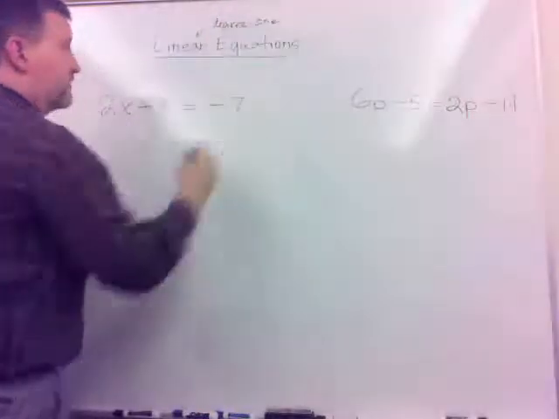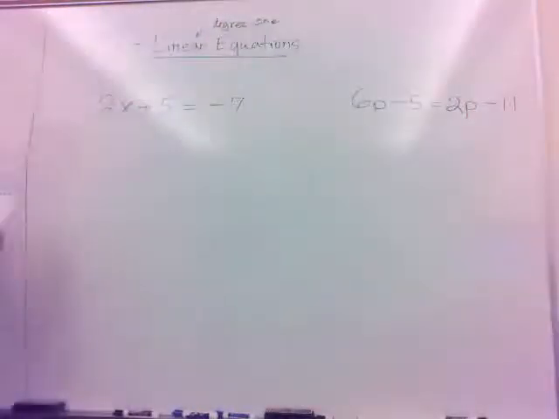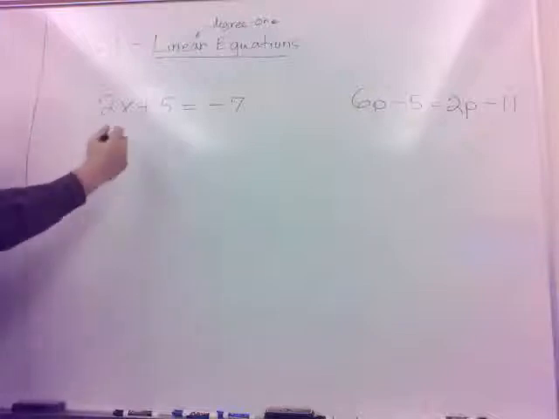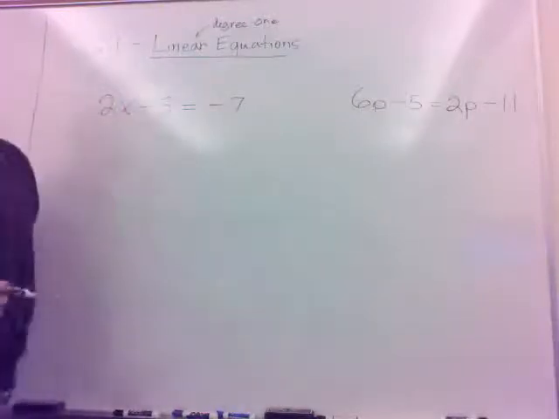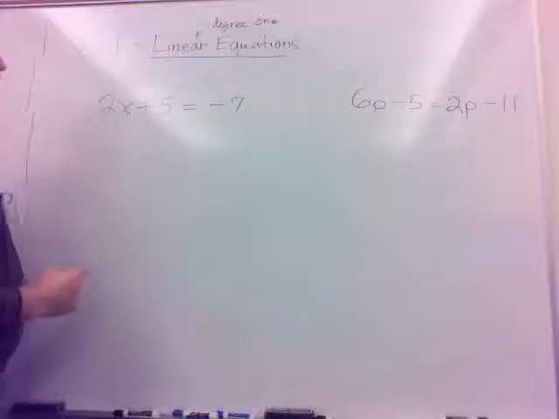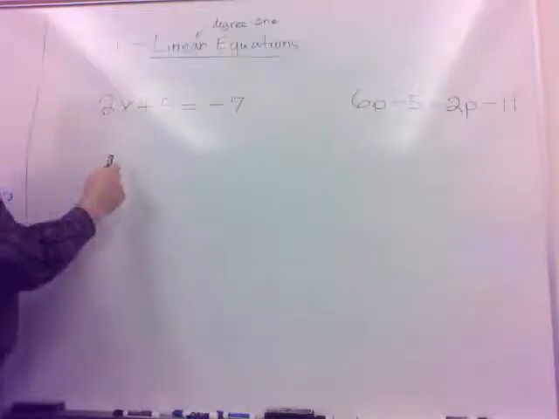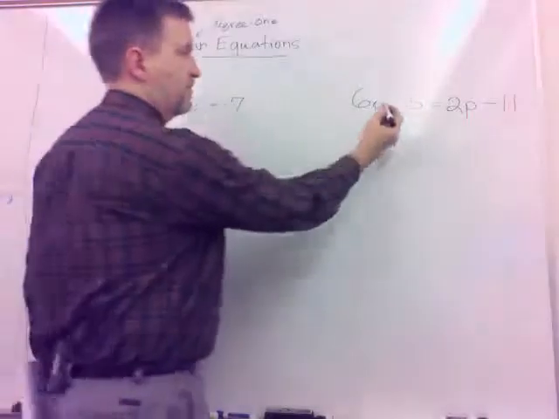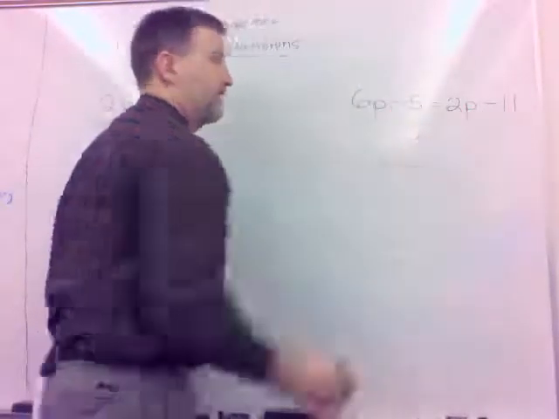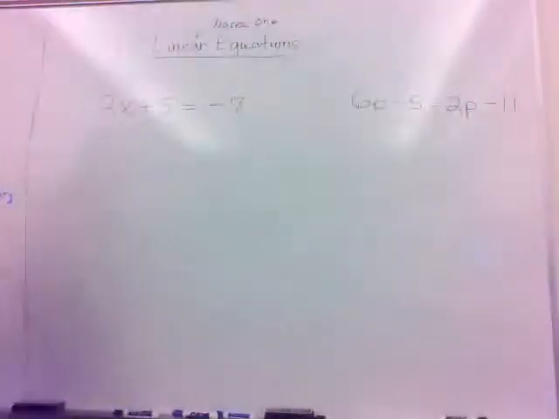If you're familiar with that, degree 1 meaning the power is 1. I've got a couple of examples here on the board, and notice both of them do have power 1. There's no power showing on the variables, but that power is understood to be a power of 1.